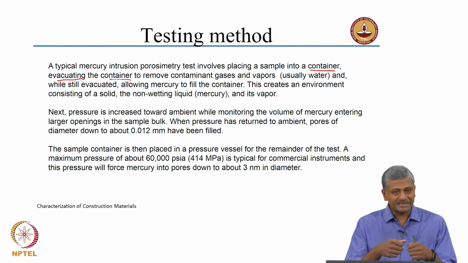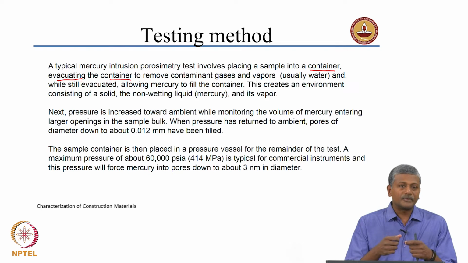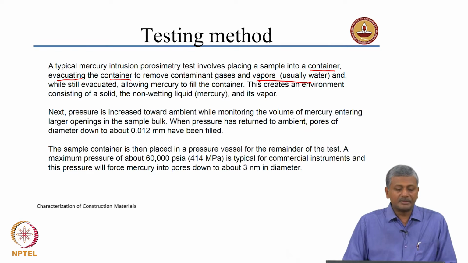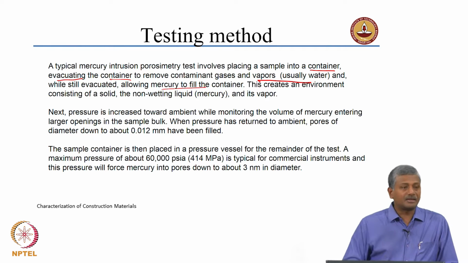Because whatever gases are inside the chamber, even air for instance, have to be removed, and it also helps in completely removing the air from within the pores which are accessible from the surface. And of course, if there is any water vapor present, to evacuate that as well. So, vacuum has to be applied first, and then we allow mercury to fill the container.